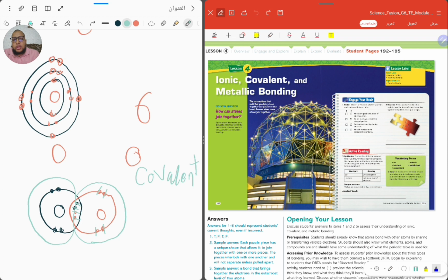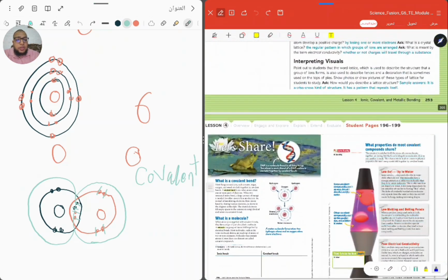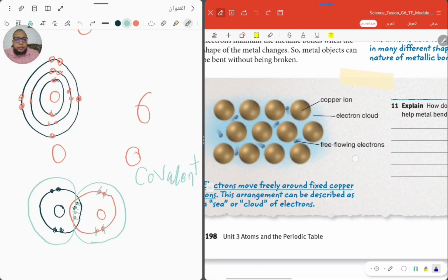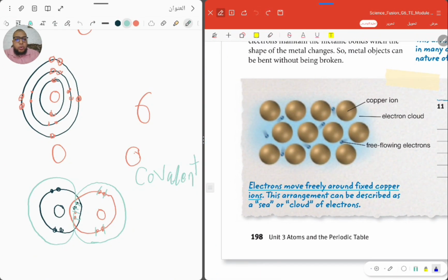These electrons will not go anywhere, because there is no element to take them. So these electrons will revolve between and around these atoms, as you see in this picture. I will show you. Yes, like this. The electrons will move between and around them and make what we call free flowing electrons.